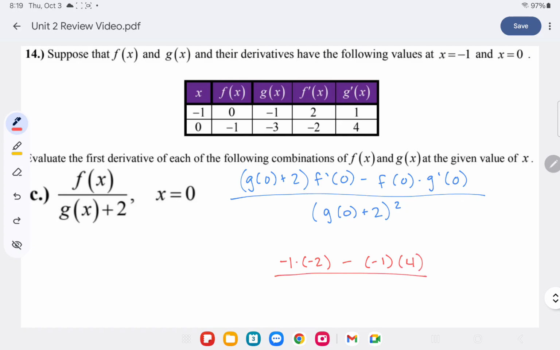And then in the denominator, I have g of 0, which is -3, plus 2 squared. So let's simplify this. We have 2 plus 4 over -1 squared is 1. I'm getting 6 again as my answer.